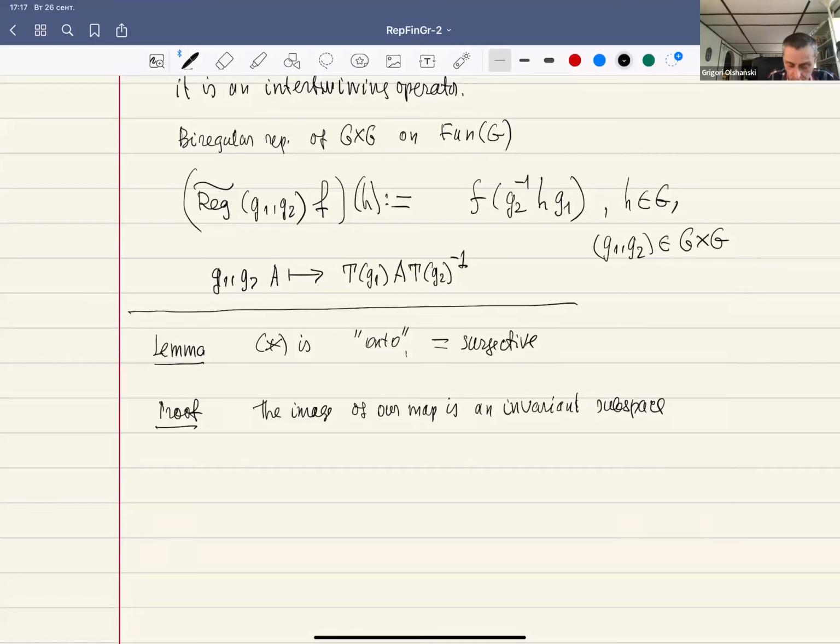So take its orthogonal complement. And our representations are unitary. And the orthogonal complement is also invariant because the representation is unitary.